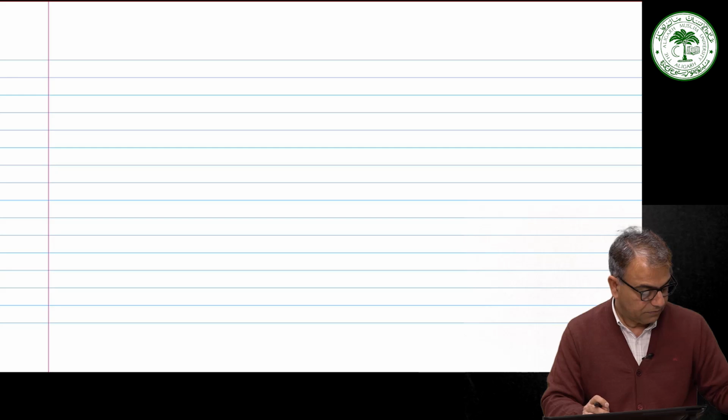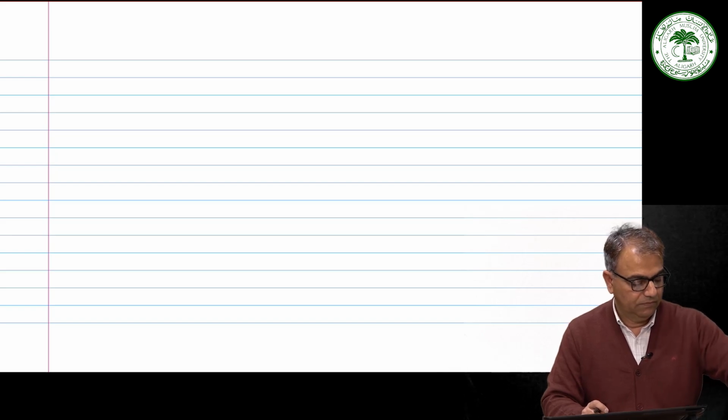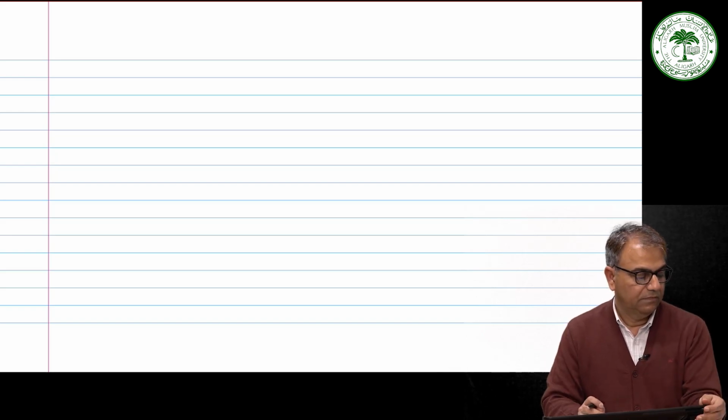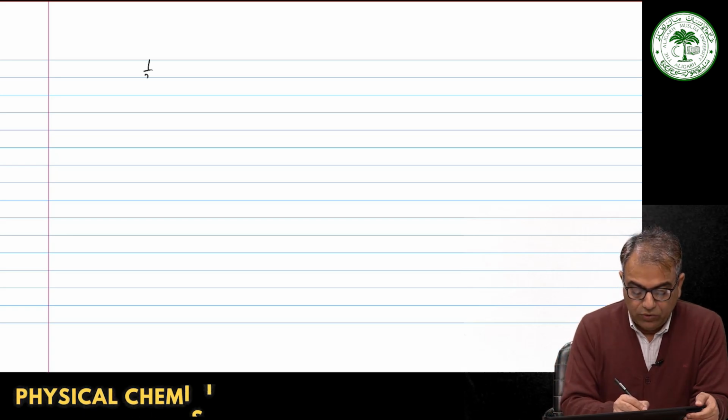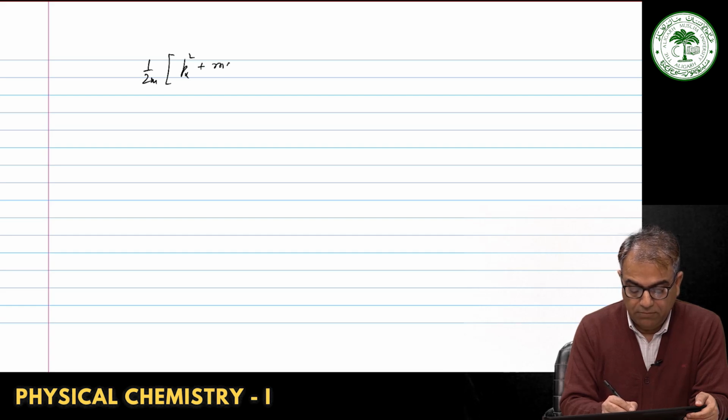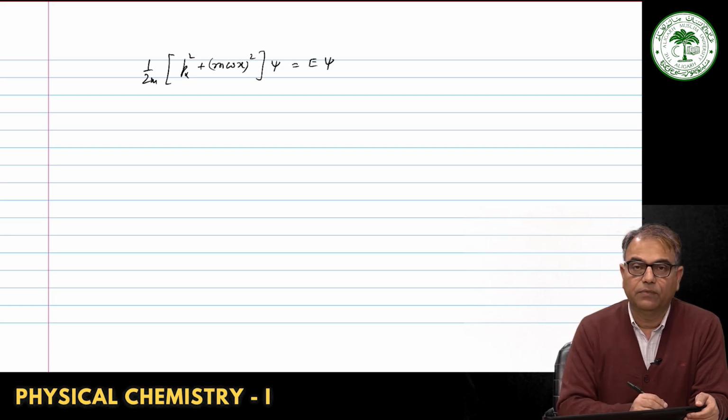so what do we have? We have 1 by 2m (Px square plus m omega x square) into psi is equal to E psi.